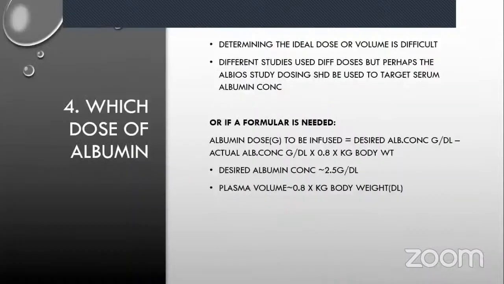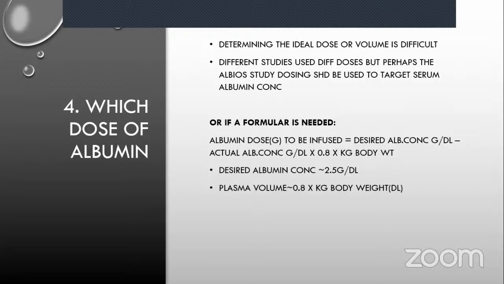So which dose of albumin should we use? I think this one also came up. So determining the ideal dose of volume may be difficult. In fact, it's also not age dependent. Different studies use different doses, but many of them were not getting the target albumin for which we have seen reduction in complications and benefit of 3 grams per deciliter. Okay, so the ALBIOS study came close.